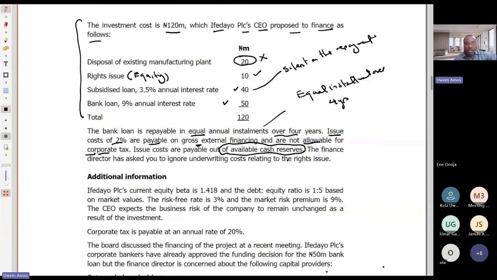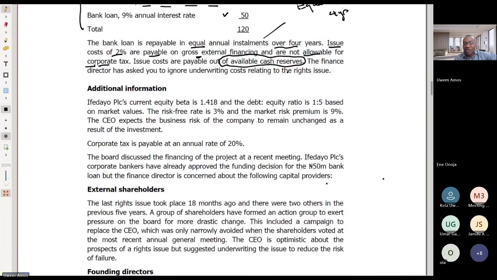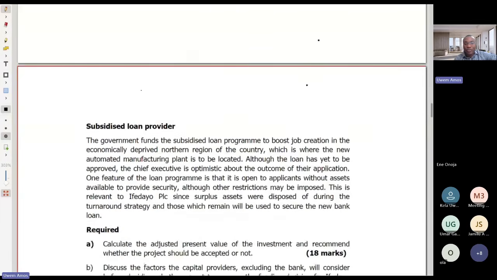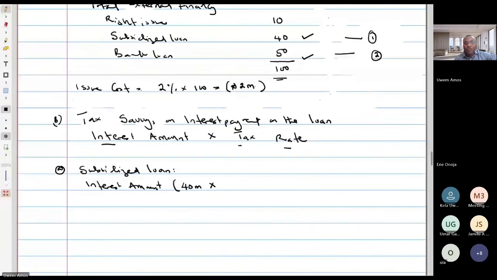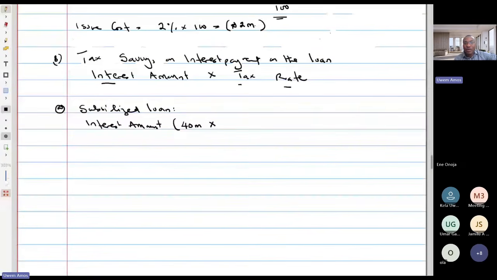Subsidized loan, 3.5% annual interest rate. So the interest rate is 3.5%. We're borrowing 40 million. So what does that equate to? 40 million multiplied by 3.5%, our interest amount.